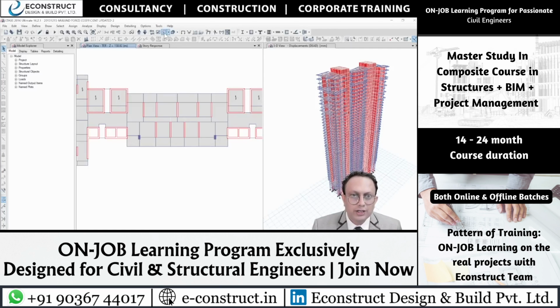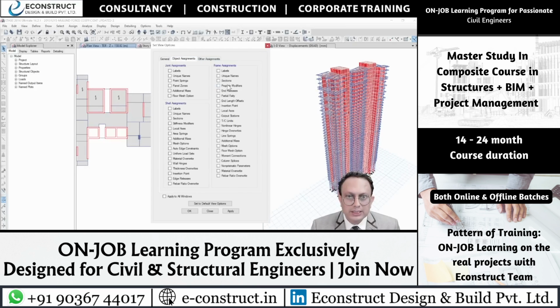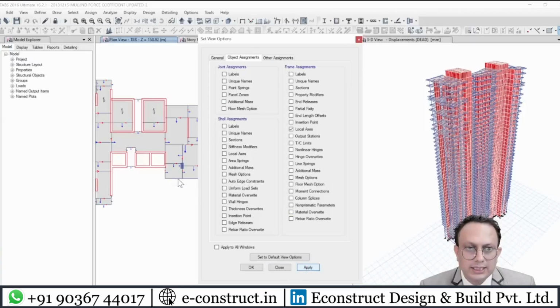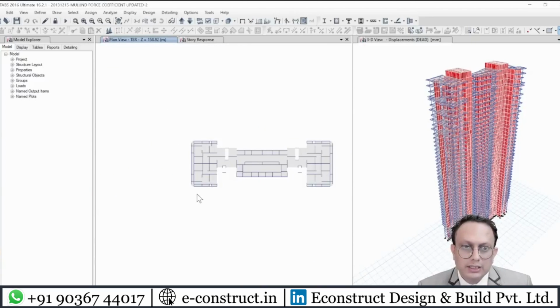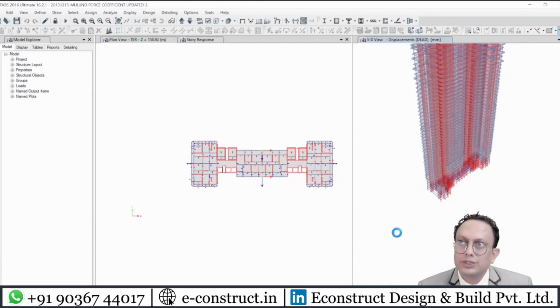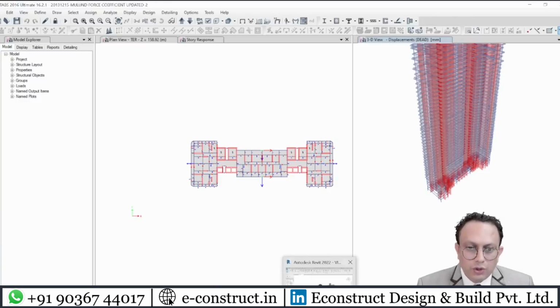Just to give you a figure, if you click the local axis coordinate system from here, you will see some arrows coming here, and those are the local axis. Whereas globally, these are the global axis coordinate systems. If you go to the 3D view, you will see X, Y, and Z, with Z in the gravitational vertical direction.